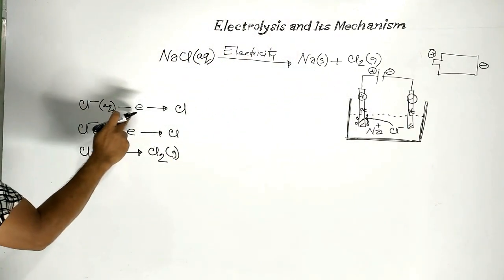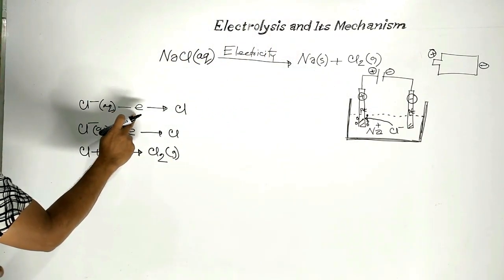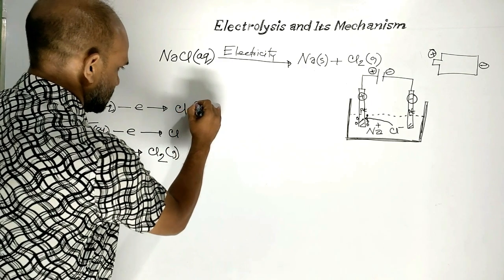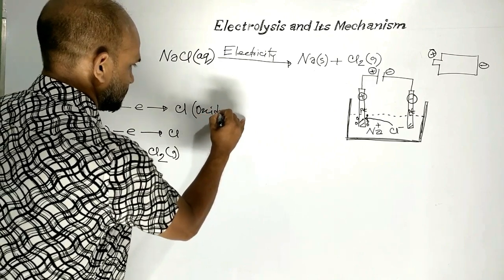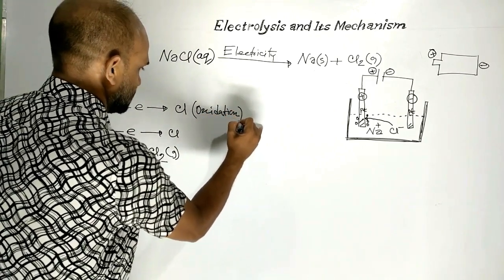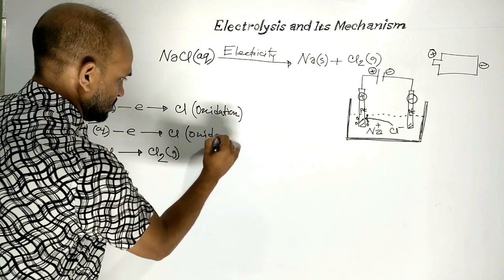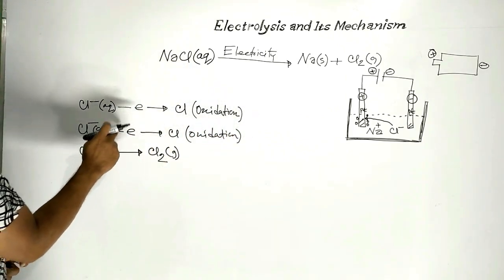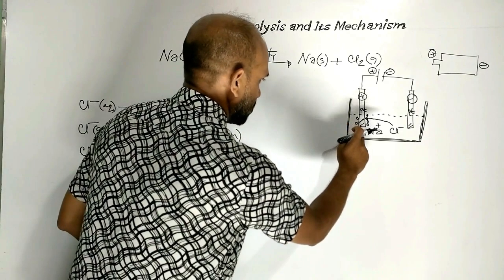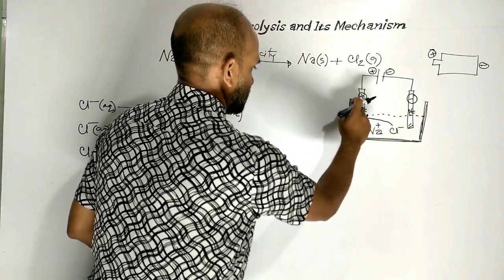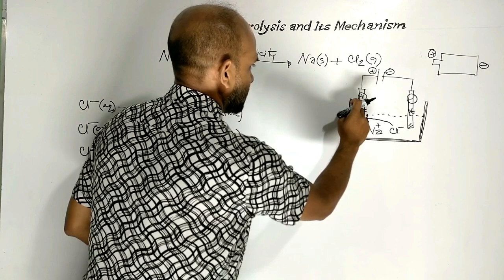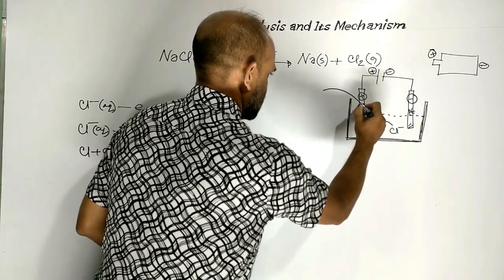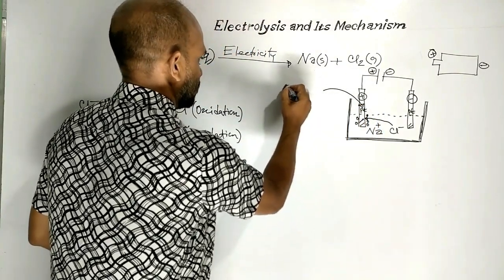Here, removal of electrons occurs. We know that removal of electrons is an oxidation reaction. So, oxidation occurs at the metallic bar with positive charge. This is called the anode.